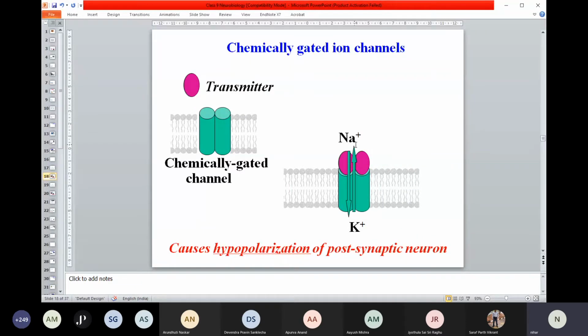That leads to depolarization. In this case, it is mentioned as hypopolarization because it's graded. So gradually, polarity will change. At some point, it will be like an action potential. In this case it is called excitatory postsynaptic potential. So sodium ion goes in, potassium ion goes out.